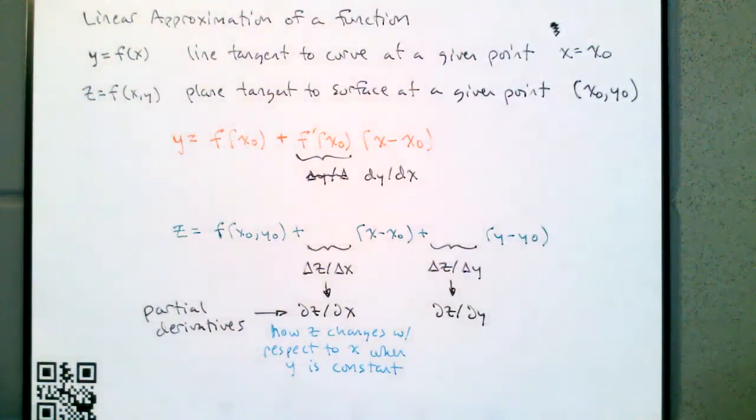So dz dx is how z changes with respect to x when y is constant. Dz dy is how z changes with respect to y when x is constant.